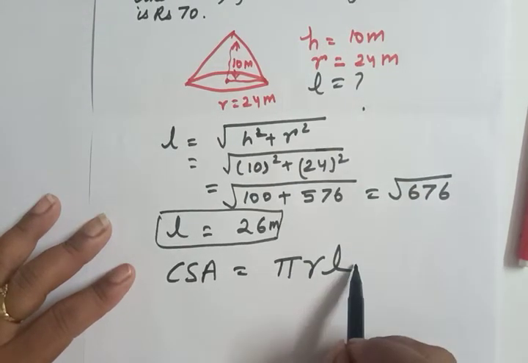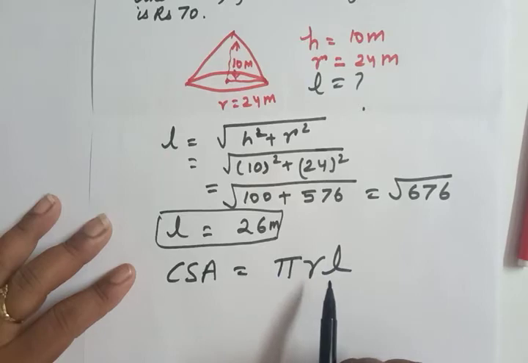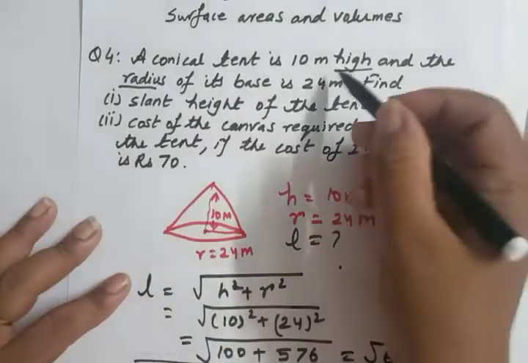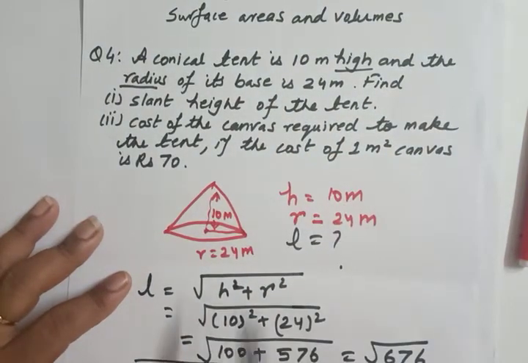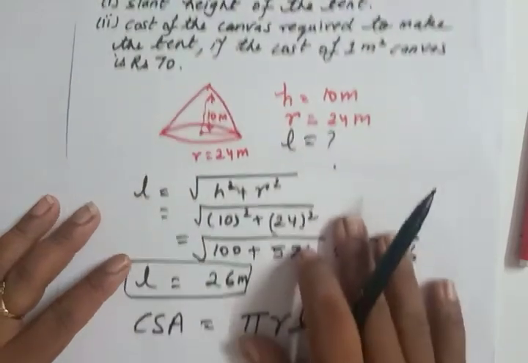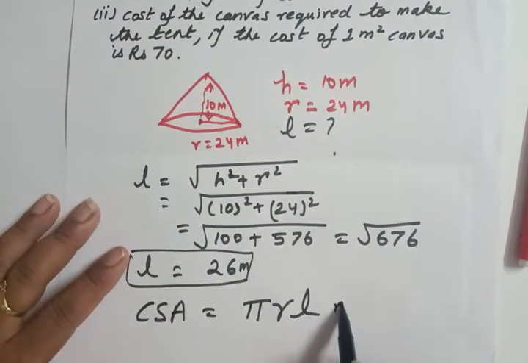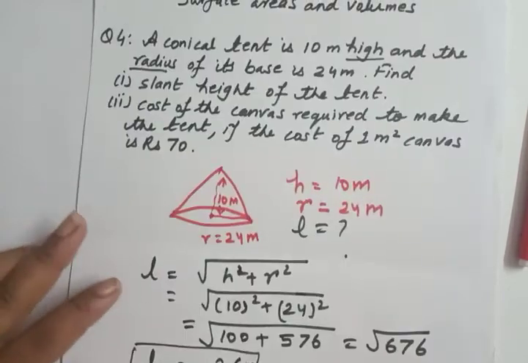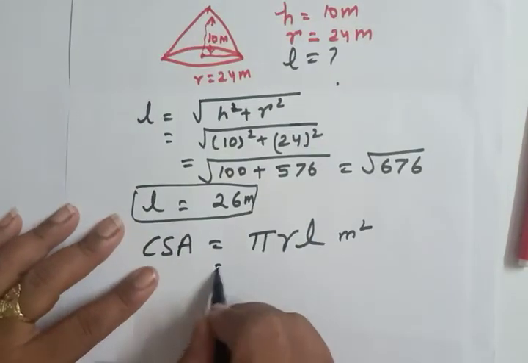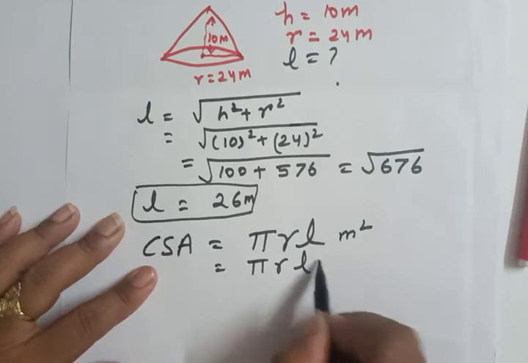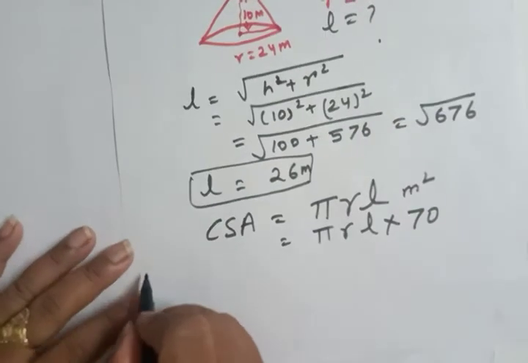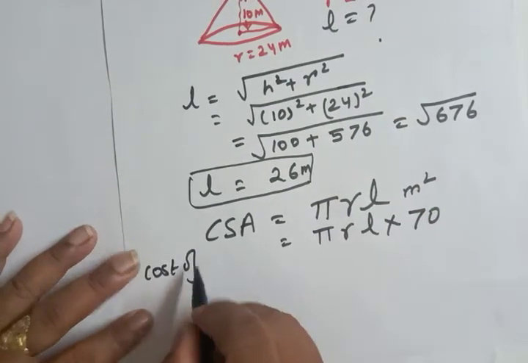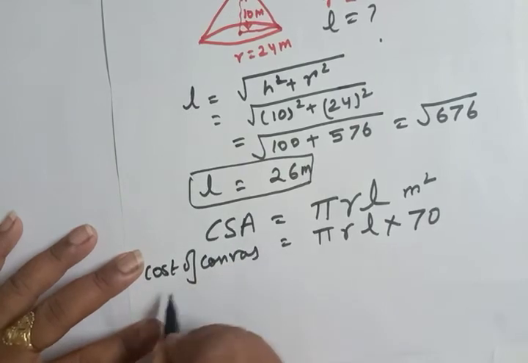And this will come in the meter square, because here all the units, height as well as radius, and now the slant height we have found out, are all in meters, so it will come in the meter square. And this 1 meter square is of rupees 70. So that will equal pi r L multiplied by 70. We can get the cost of canvas required.